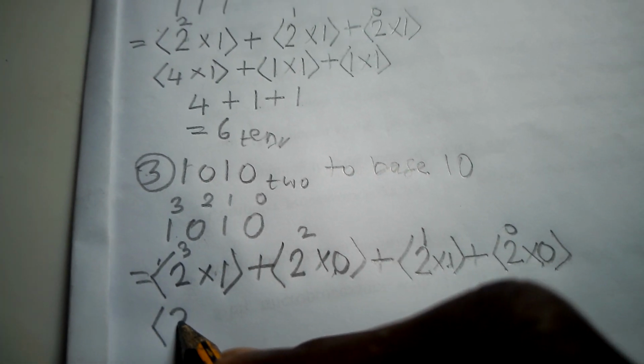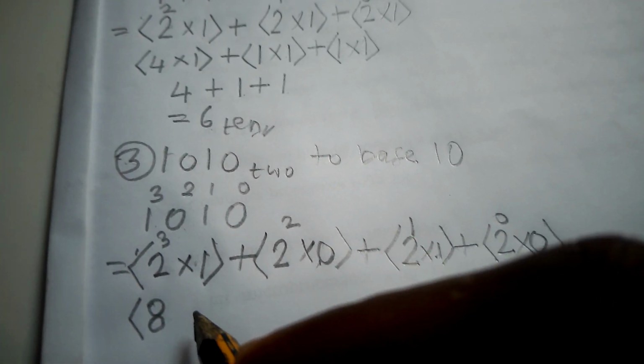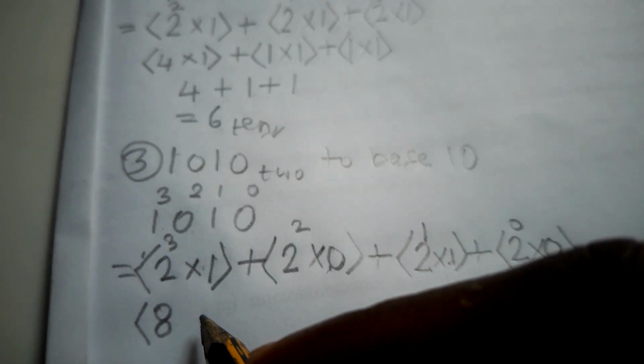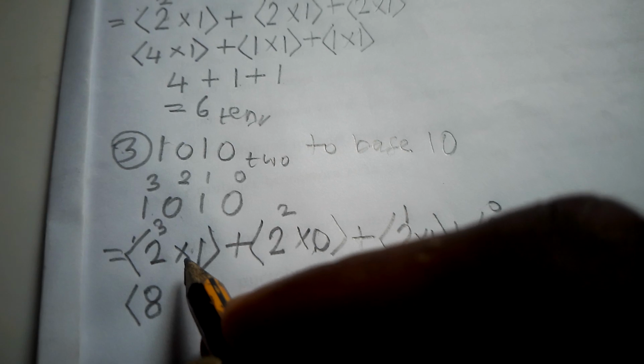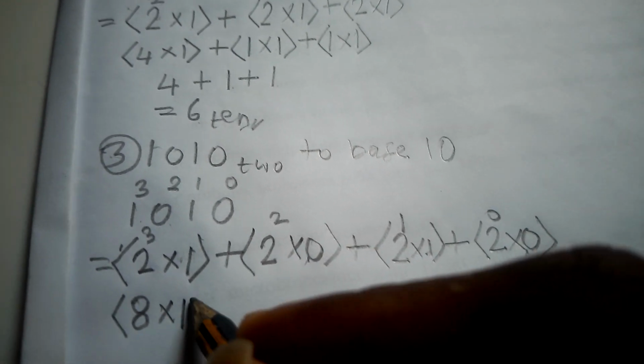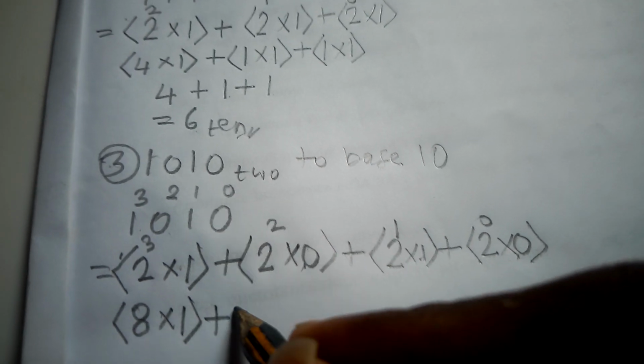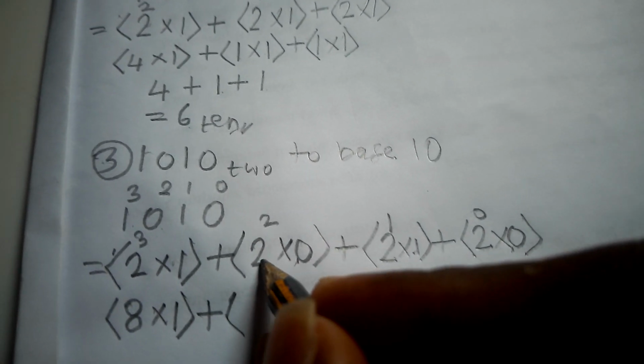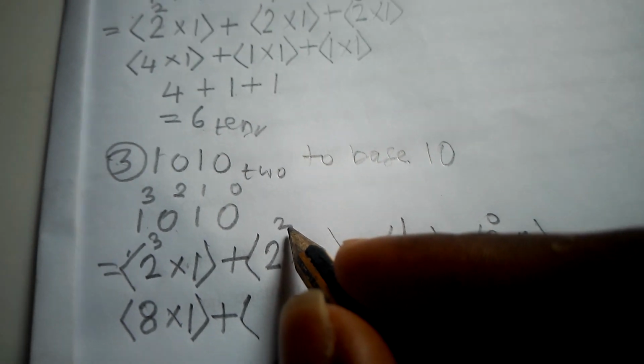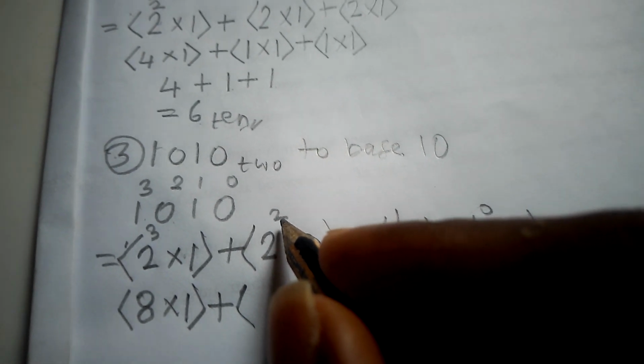Okay, so I believe you should have mastered your index classes by now. So 2 raised to power 3, that will give us 8. Now the multiplication times, you have your 1 over here, close the bracket, plus. Okay, move on to the next one. This is 2 raised to power 2.